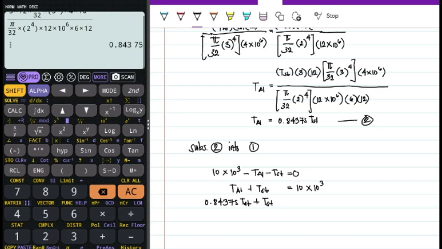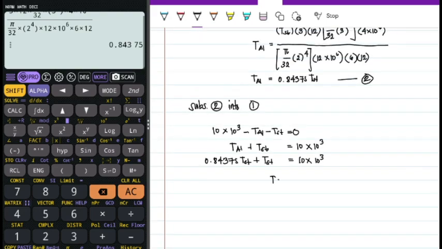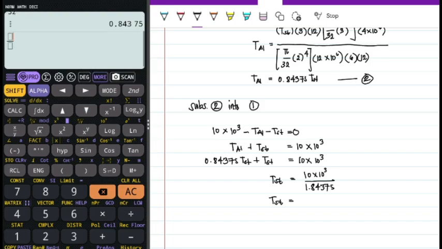Then substituting T_AL, T_ST is equal to 10 times 10 to the power of 3 divided by 1.84375, so T_ST is equal to 11,851.